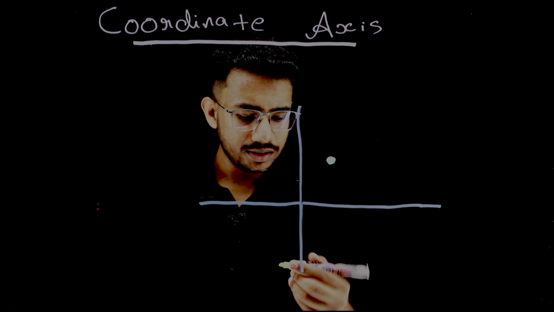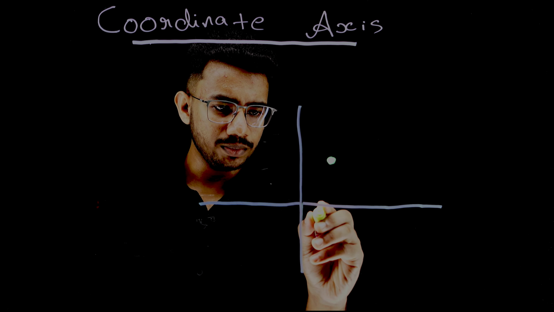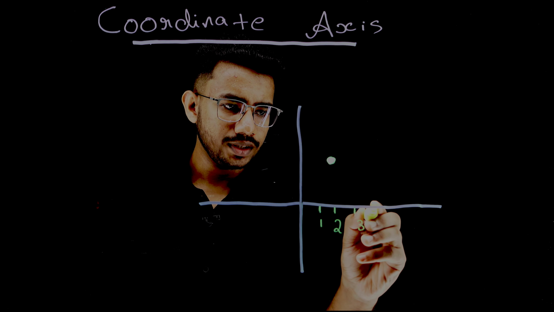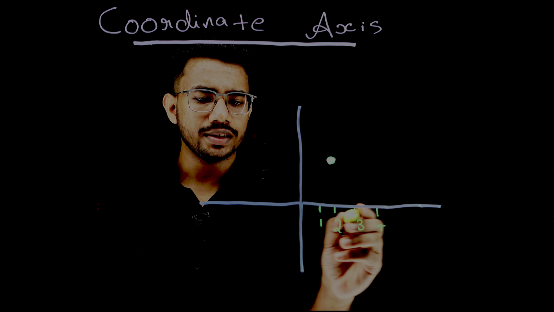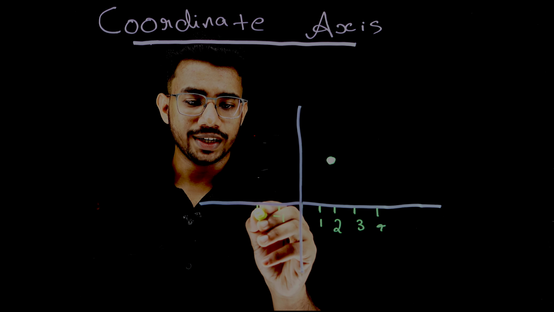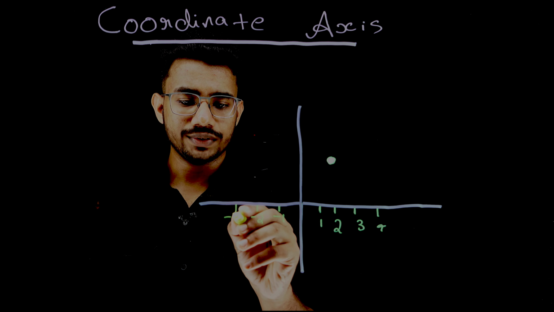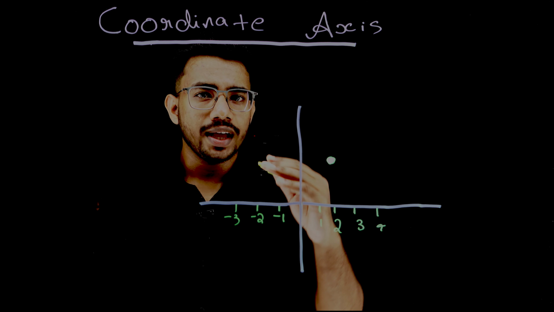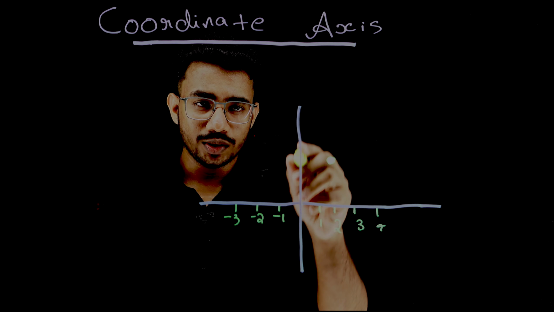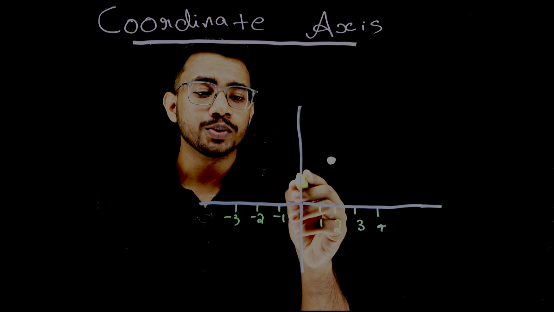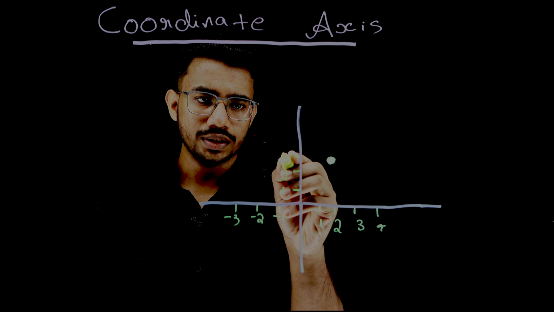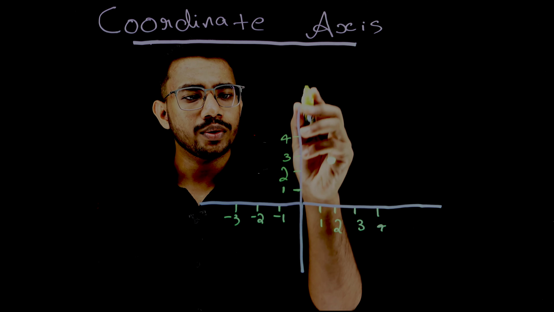Okay, and let's represent the different numbers also. This is 1, this is 2, this is 3, this is 4, and it keeps on going like that. And this is -1, this is -2, this is -3, and this is also going on like that. The numbers that I'm writing above the x-axis in the y-axis itself are termed as positive numbers only. That is 1, 2, 3, 4, and going on like that.